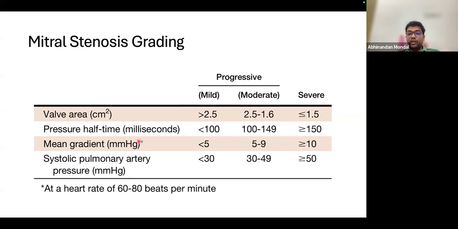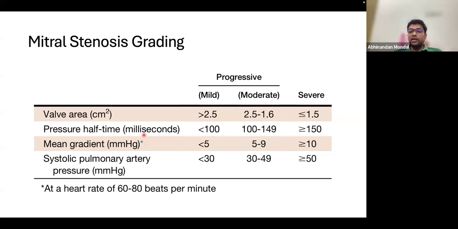Mean gradient, I have put a star, because always remember the mean gradient is currently not considered a determining factor for whether the patient has severe MS, because it is very much rate dependent or flow dependent. If the patient also has concomitant severe MR, that patient might show an increased gradient in spite of having mild MS. So while reporting the mean gradient, you have to tell what heart rate you are dealing with.